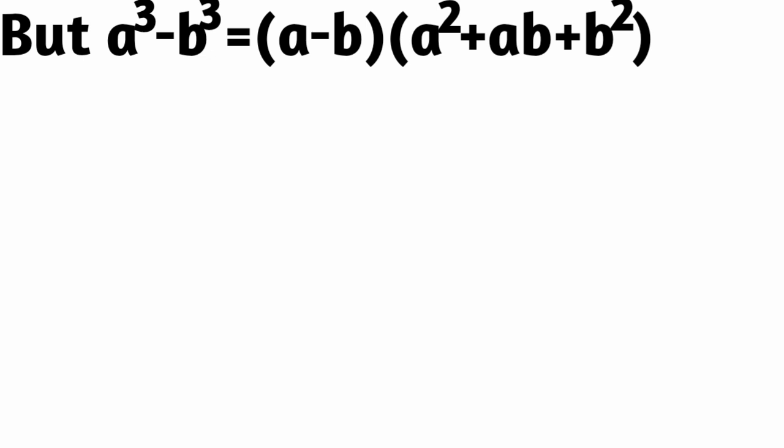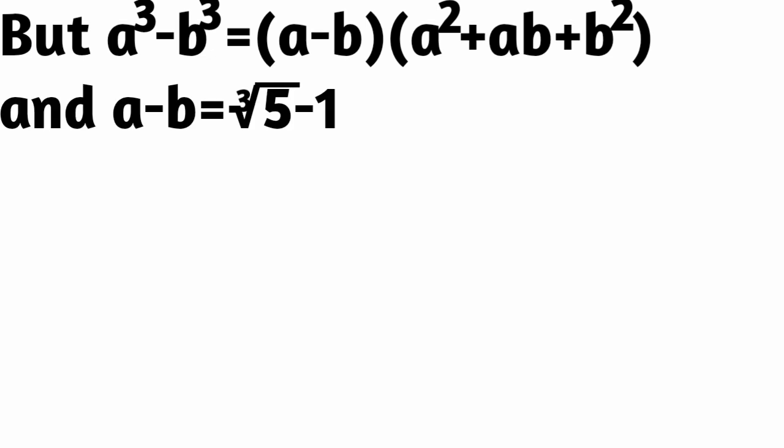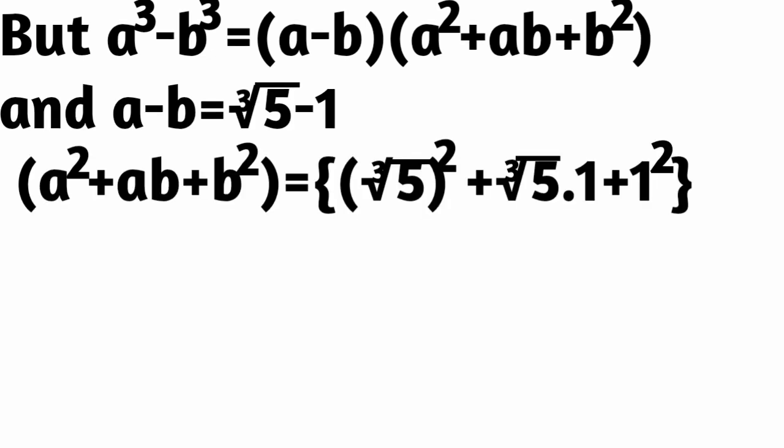Now we have to use the formula: a cube minus b cube is equal to (a minus b) into (a square plus ab plus b square). The value of a is cube root of 5 and b is 1, so a minus b is equal to cube root of 5 minus 1, and similarly a square plus ab plus b square will be equal to (cube root of 5) whole square plus cube root of 5 into 1 plus 1 square.